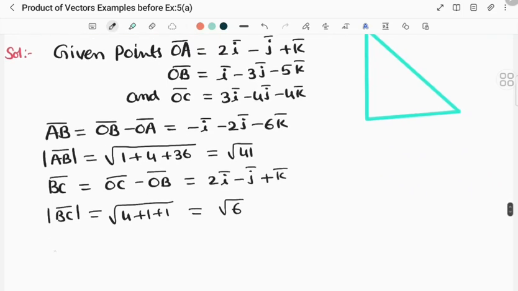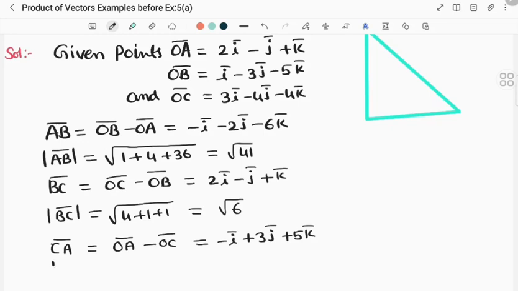Next CA bar, or AC bar. CA means OA minus OC. OA minus OC means 2i minus 3i, so minus i, minus j plus 4j, so plus 3j, next k plus 5k.